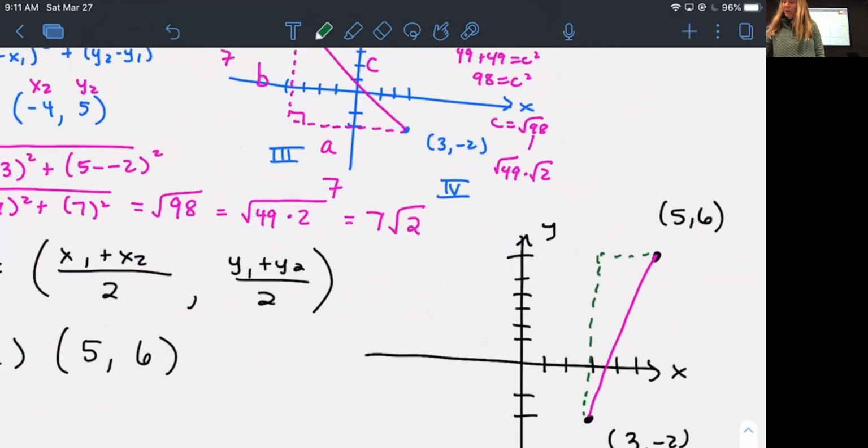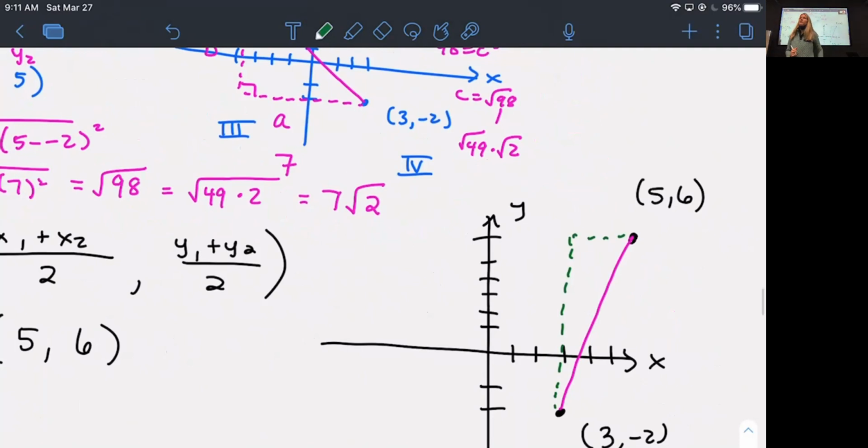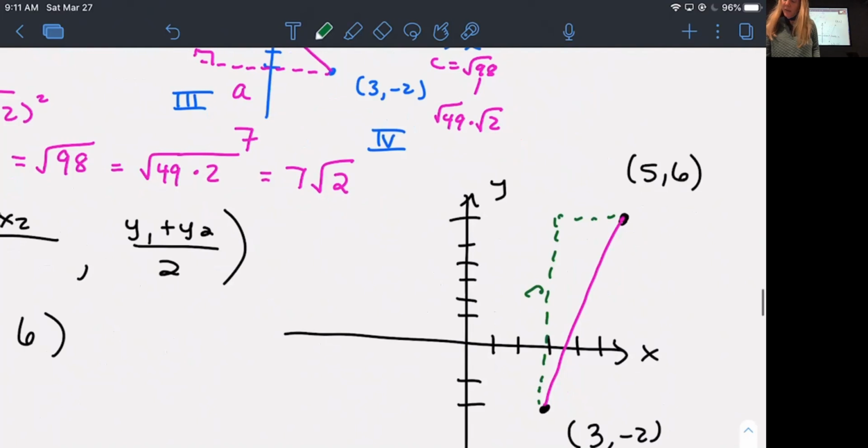If I went from -2 to +6, how much does that rise? 8. And then for my run, I started at 3 and I ran over to 5. How many did I run over? 2. For the midpoint, I'm going to be doing half of each. So I want to rise up halfway and run over halfway. And that would also allow me to find the midpoint. If I ran up halfway, how many would I run up?